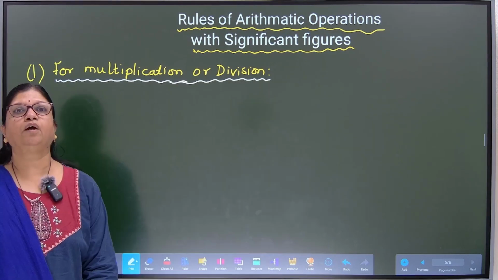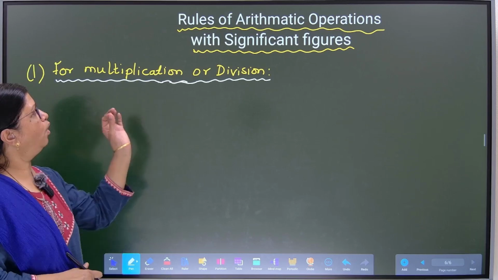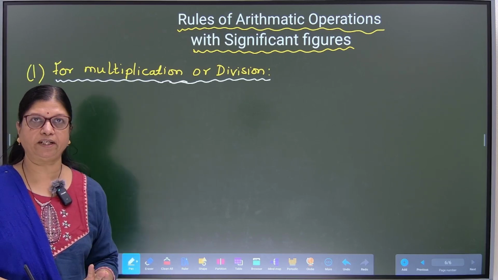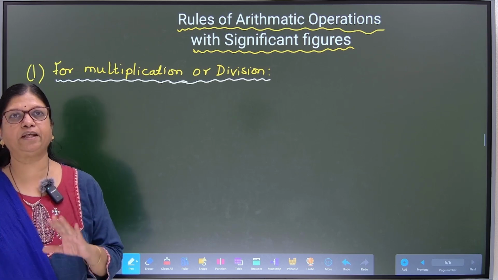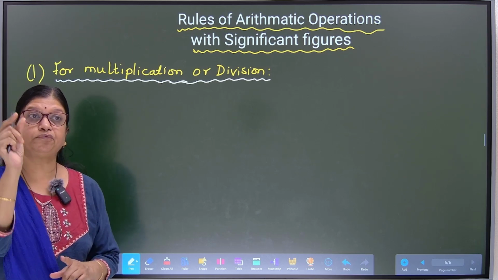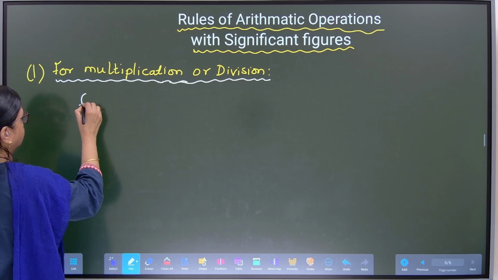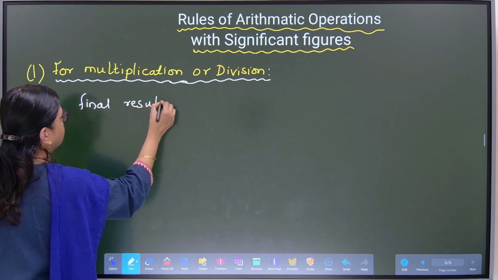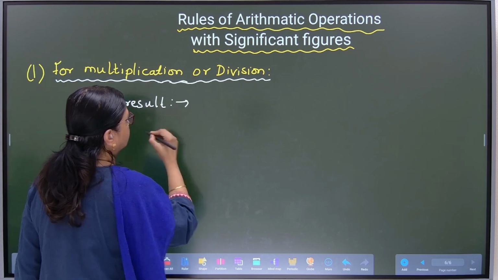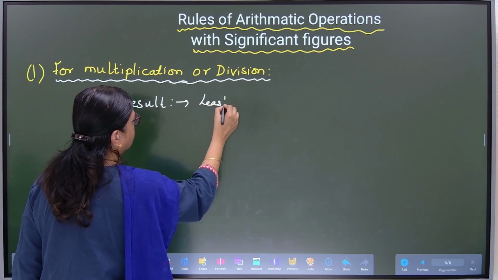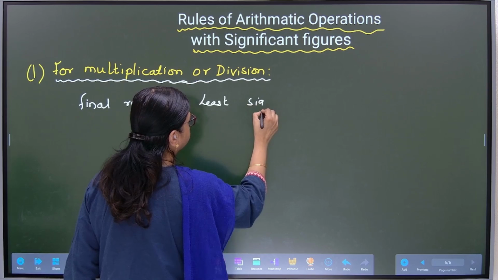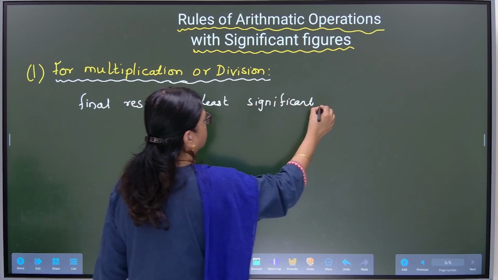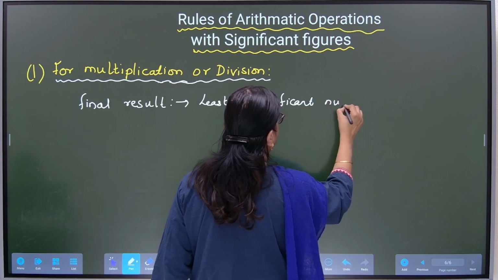Fine. For multiplication or division of the measurement of two physical quantities, after the multiplication or division is done, the final result or the answer must have the least significant number given in the quantity.